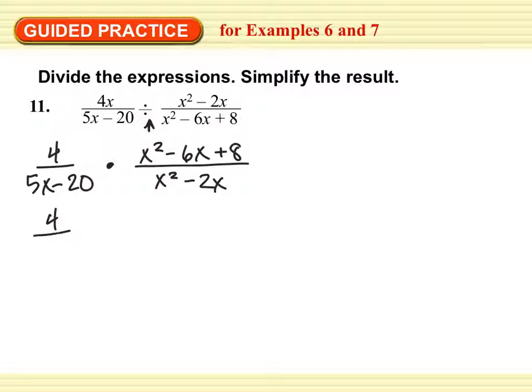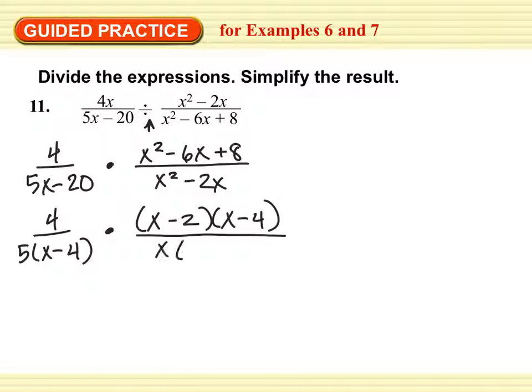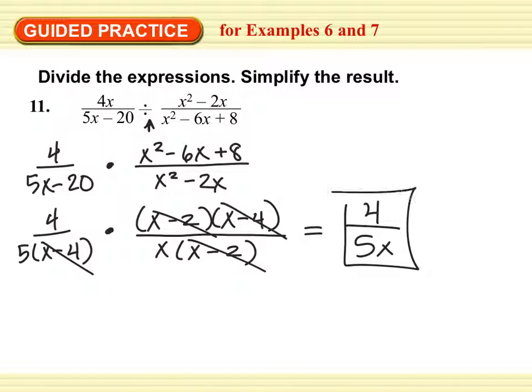Okay, 4 over, it looks like in the denominator I can factor out a 5, x minus 4 times x minus 2, x minus 4 over, I can factor out an x minus 2. Okay, cancel some things, those cancel, those cancel. I think that's it. So I have a 4 left over in the numerator and a 5 and an x in the denominator.